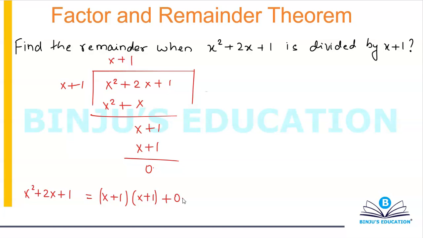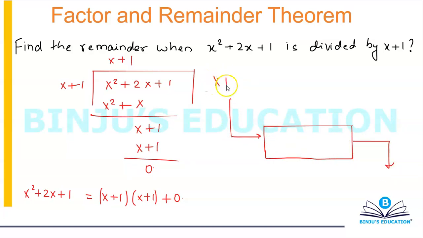Now the point is, if I'm going to do this question with that other method, the function definition, then what I'm basically asking you is that you provide an input value of x plus 1 equal to 0, which is x equal to minus 1, in the function x square plus 2x plus 1, and let's calculate the output value.